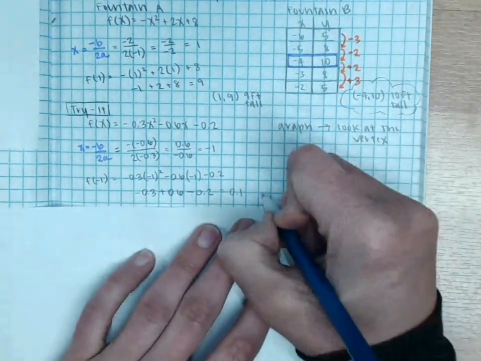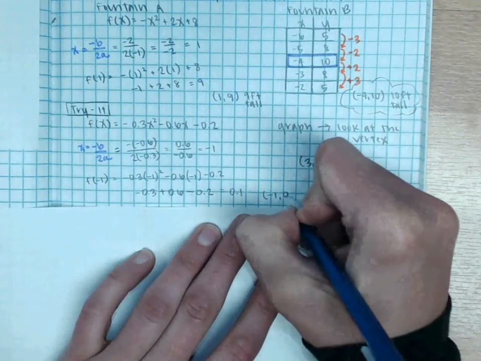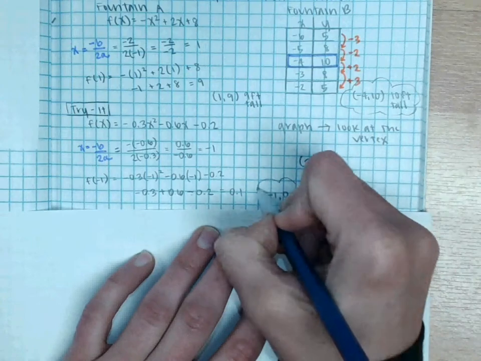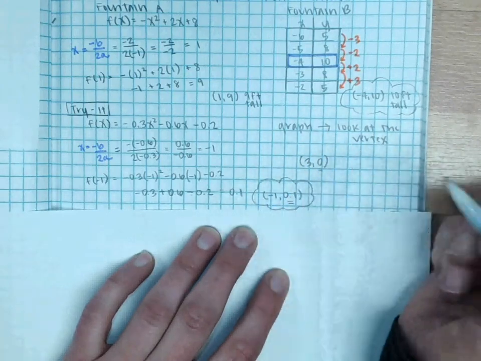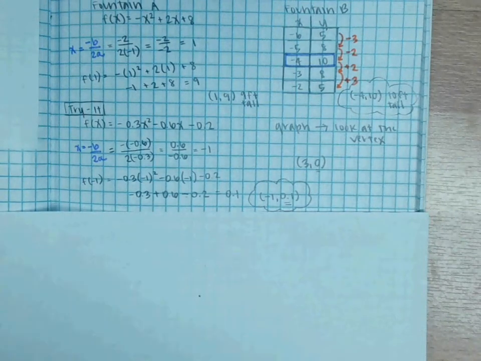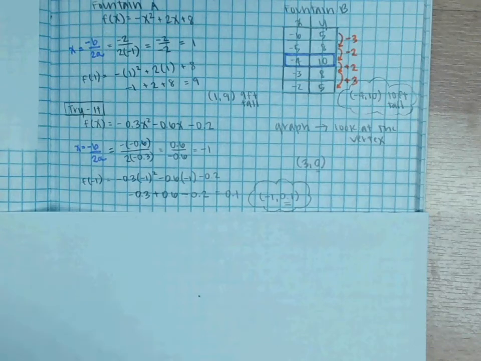So my vertex is negative 1, 0.1, which means that this fountain would be 1/10 taller than the graph function. Okay, so looking at the vertex will tell us that minimum or maximum point.